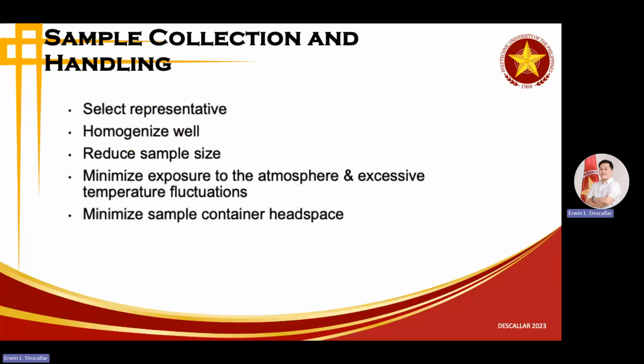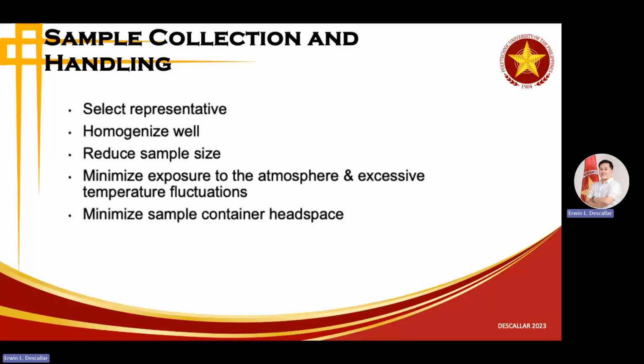Any atmospheric, any relative humidity changes or exposure of the sample may affect the reading of the moisture content. That's the reason why you are using the desiccator that contains desiccant that absorbs moisture. And it's also important that you have to constant weigh. Okay? Constant weigh is either the evaporating dish or the crucible.